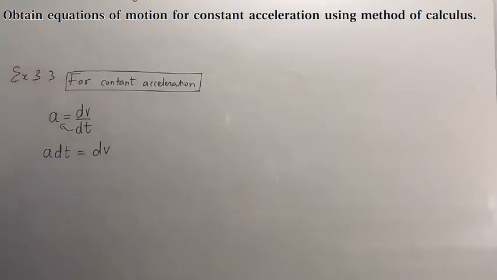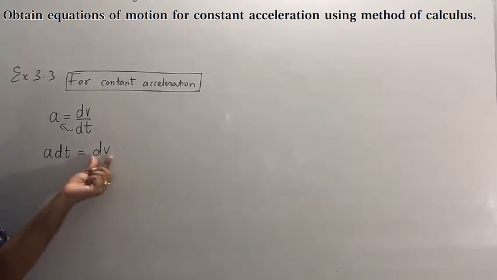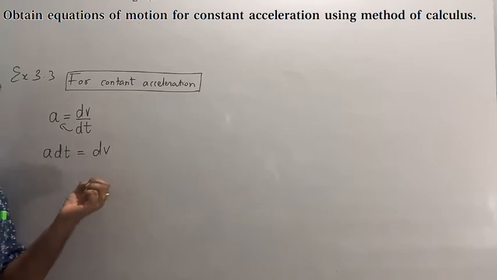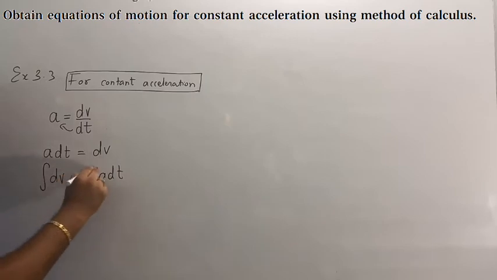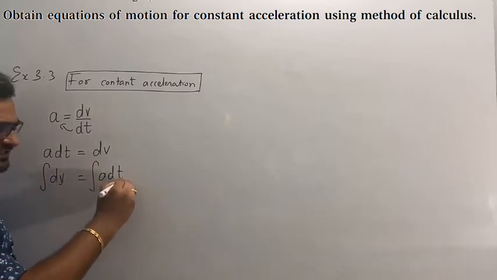This was the formula for instantaneous acceleration, meaning at that instant. But now, if I integrate it, dv means a very small amount of change in velocity. So I take integration of dv and a dt.